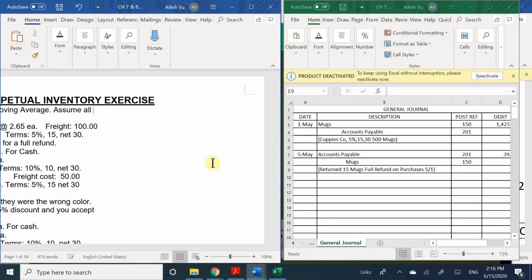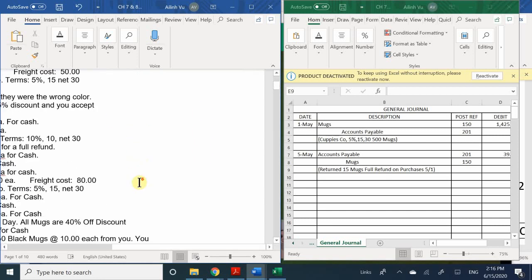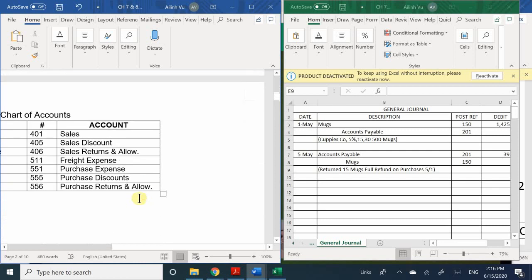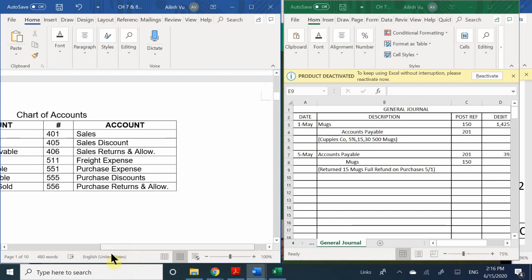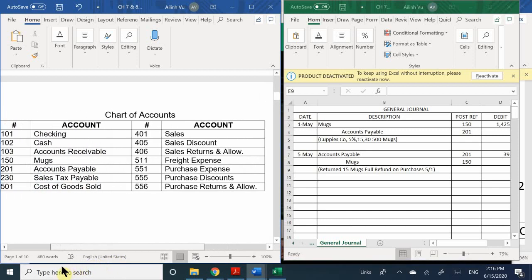Assume all sales are... Do I have a sales tax payable account? Yeah, you do.